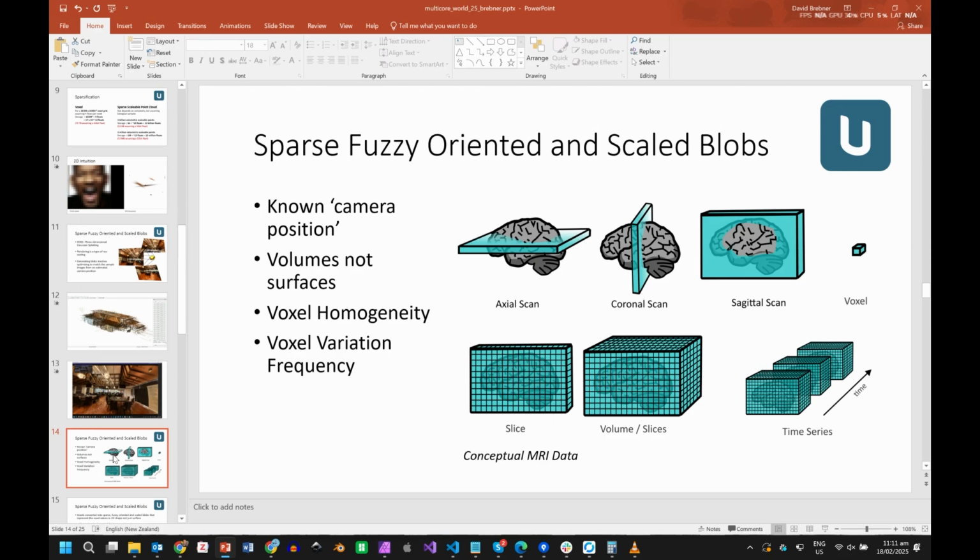But now if we look at 3D data sets that are not solid, so we don't have solid surfaces, we're actually looking at things that are transparent, so we have a different mechanism for composing these 3D structures. If we look at something like an MRI, we have our scans, we have essentially fully known camera position. There's no need to estimate where the cameras are in the scene.